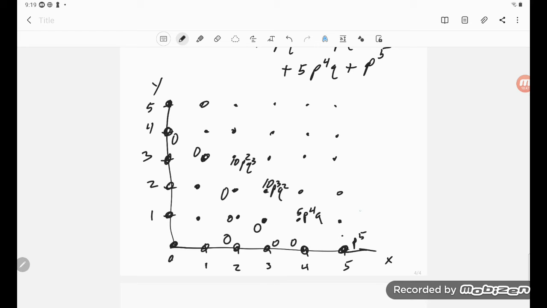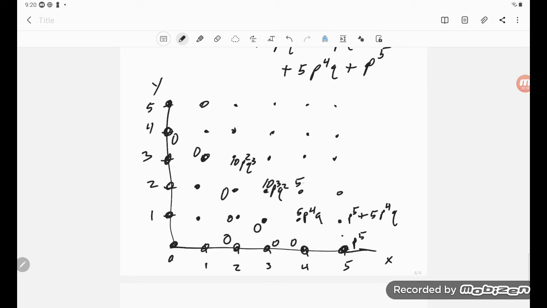But then, what happened here was this was our p to the 5th plus 5p to the 4th q. And so let's see, here is 5, well, what order?